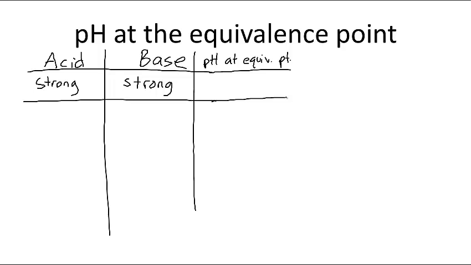If you have a strong acid and a strong base, when you add equal numbers of moles of them, what does your instinct tell you the pH will be at equilibrium? 7. Why? It's a neutralization reaction, and it's a fair fight. It's equal. They're both strong. They cancel each other out. So the pH of the equivalence point would be 7.